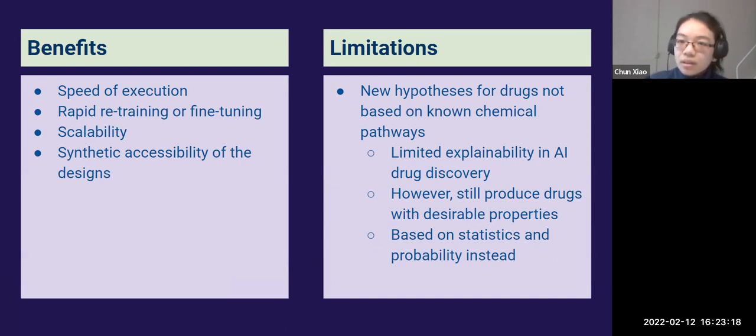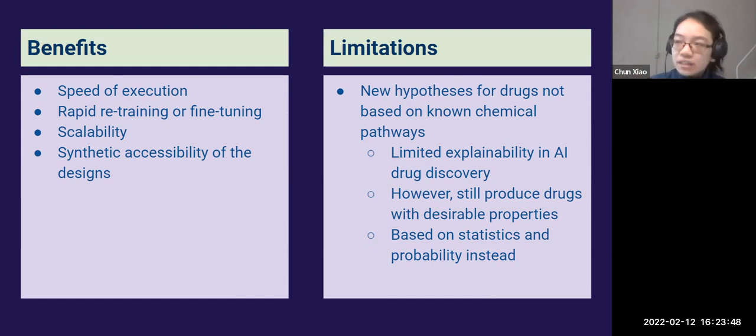The new hypotheses for drugs that are created by a machine learning algorithm are not always based on known chemical pathways. Usually we design new drugs based on our pre-existing chemical knowledge of how drugs interact and what drugs already exist, and we make new drugs that are similar to or based on them.